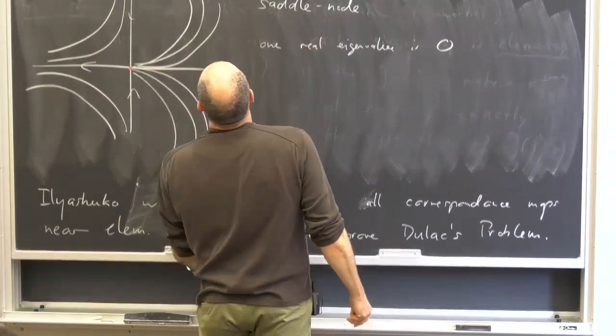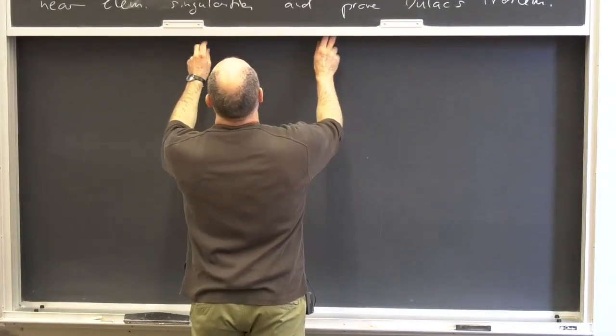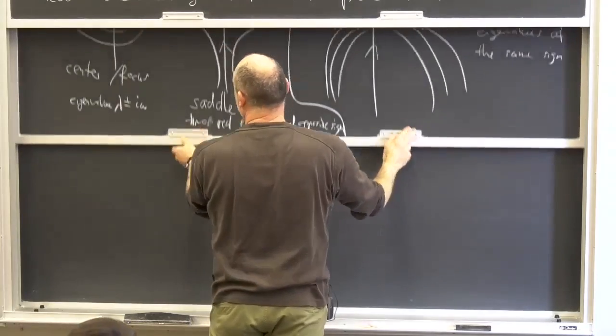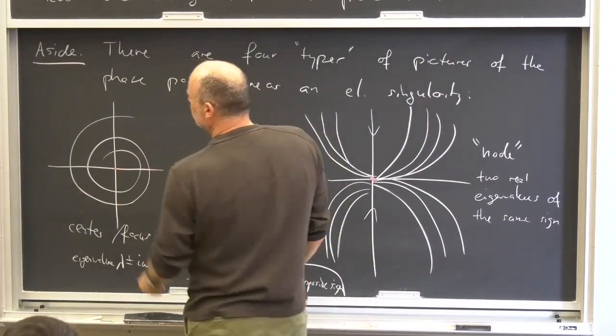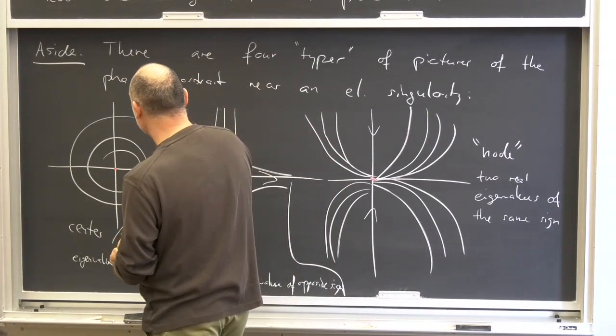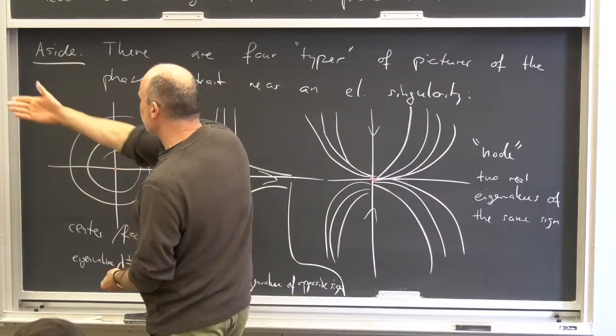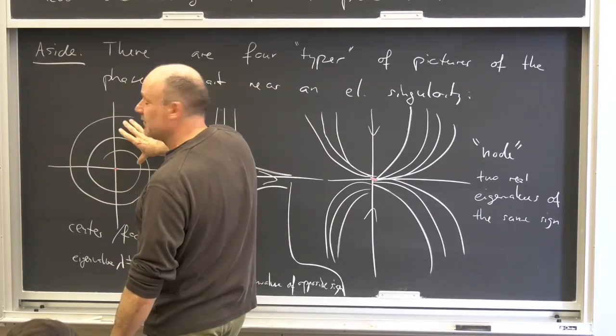Now, if we are in this situation, in our cell decomposition, we would have something like these quadrants here.